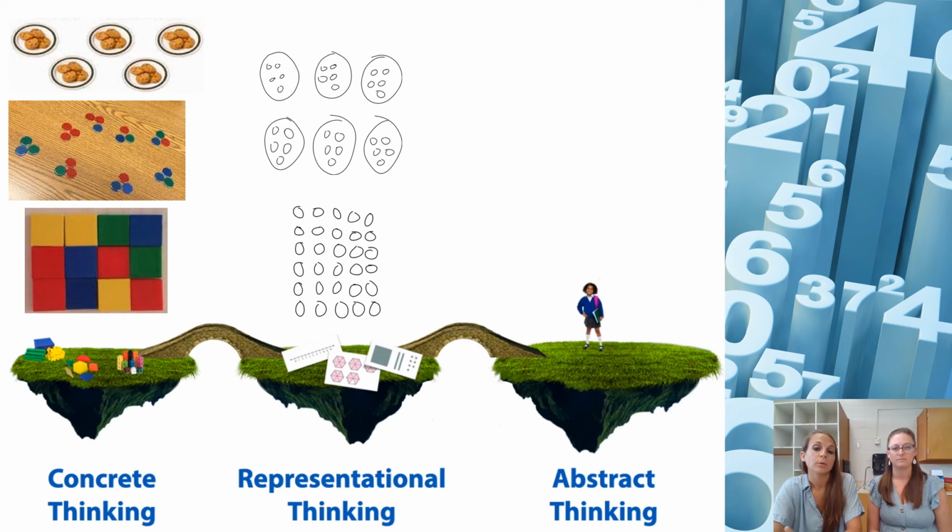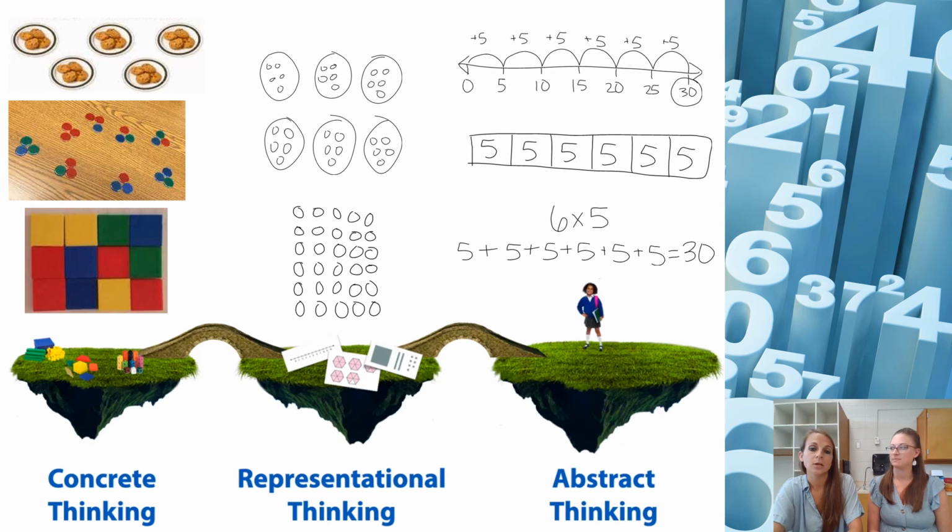Then we moved on to representational thinking and drawing pictures of the concrete models that we saw, and then more of the abstract thinking with working with equations, number lines, and bar models. We want to make sure that we're not in a race to get to that abstract thinking. We're really taking the time to lay the foundation in those concrete and representational stages.